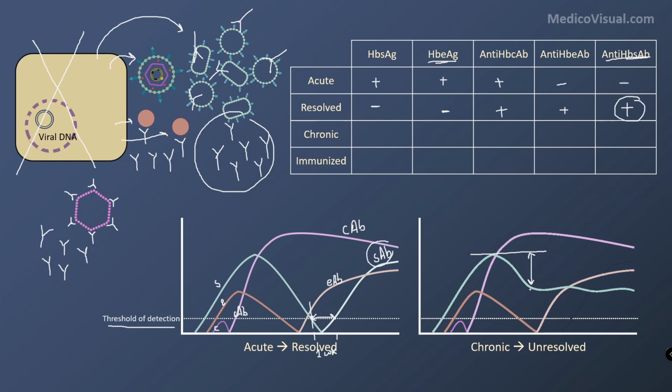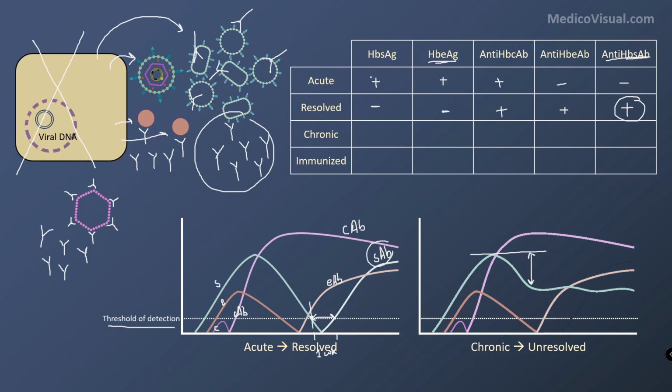It will become up to this level, but it does not completely go below the level of threshold. It does not become zero and antibody does not become in excess. So it will be dwindling here and there. At this point it may plateau here. That's what happens in chronic infection.